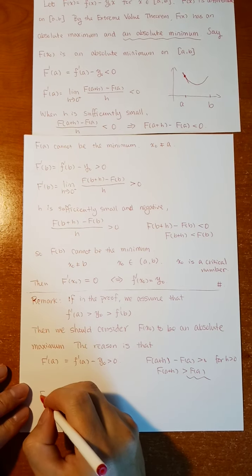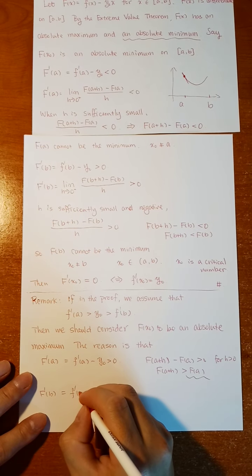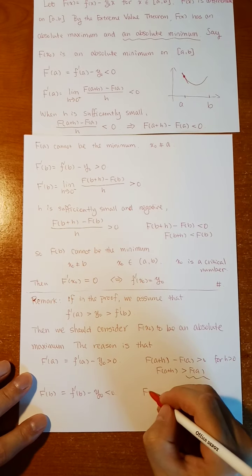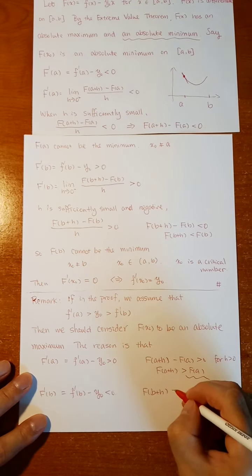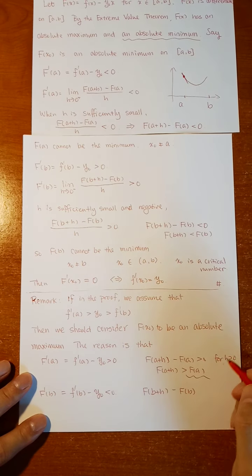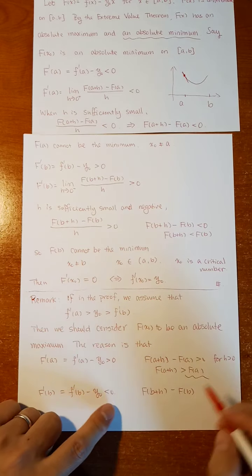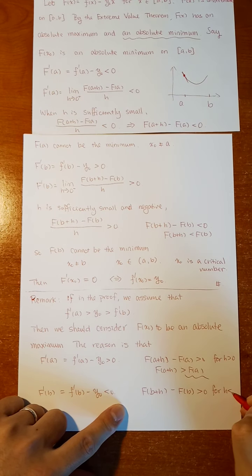And similarly, f prime of b is less than 0, but f of b plus h, minus f of b, this place is going to be negative, so the ratio is going to be positive for h negative.